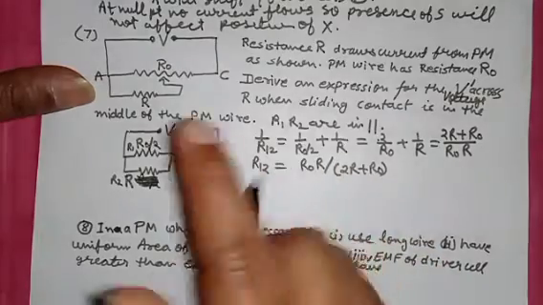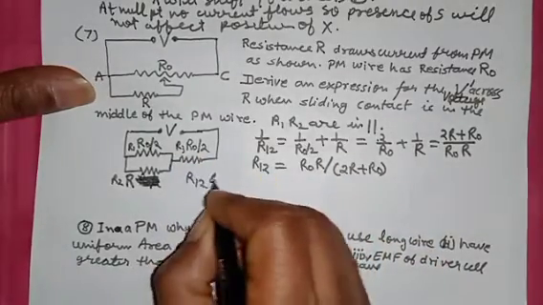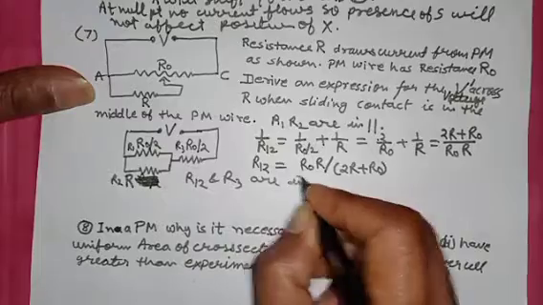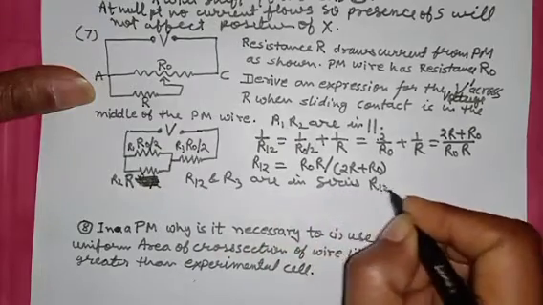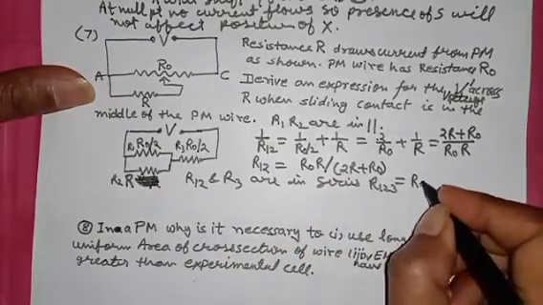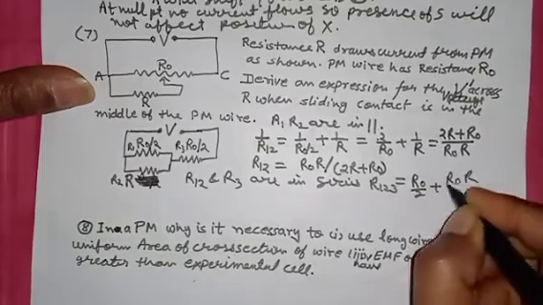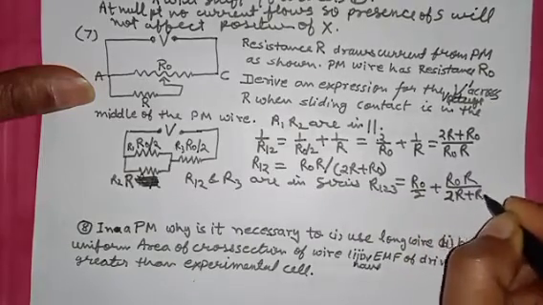Now it is in series combination with R3. R12 and R3 are in series. So R123 is equal to R naught by 2 plus R naught R upon 2R plus R naught.